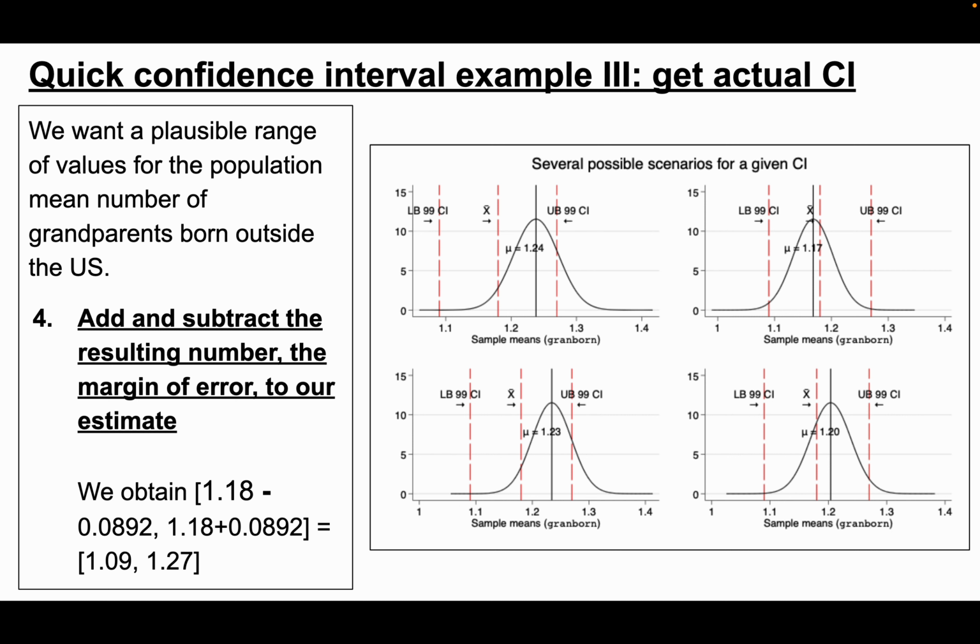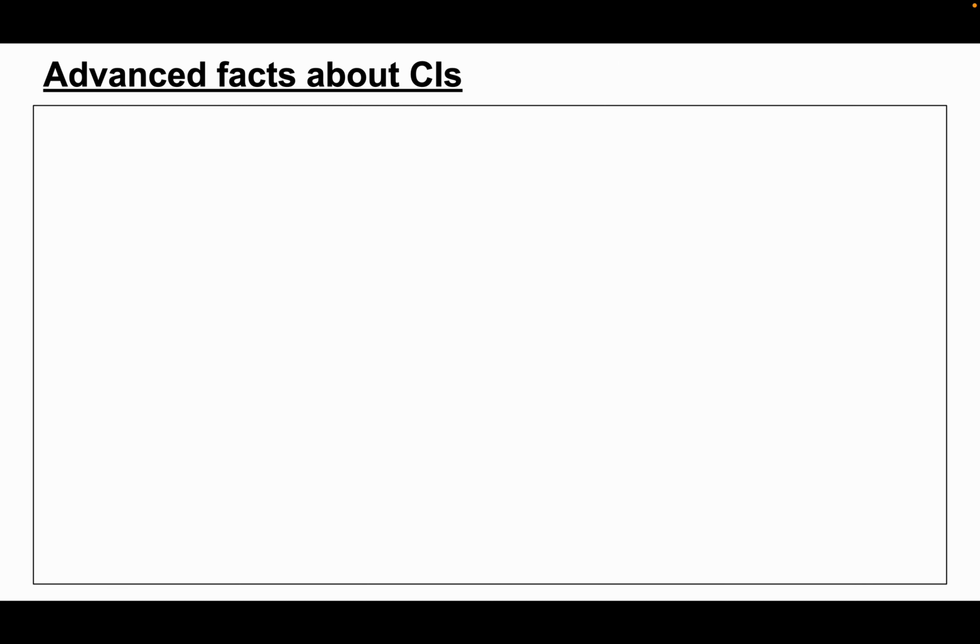So we use the fact that 99% of the time we'll be within about 2.58 standard deviations of the mean on a normal curve to say, okay, unless we have a really strange situation, we'll be somewhere where a value like 1.24 or 1.17 or 1.20 or 1.23 would be plausible. And this is what those situations look like. So we don't know which of these is true, but that's what you want to envision. Any of them would be captured by our confidence interval.